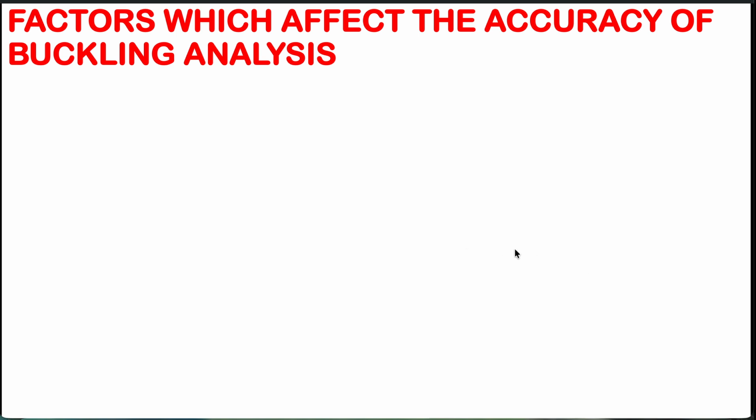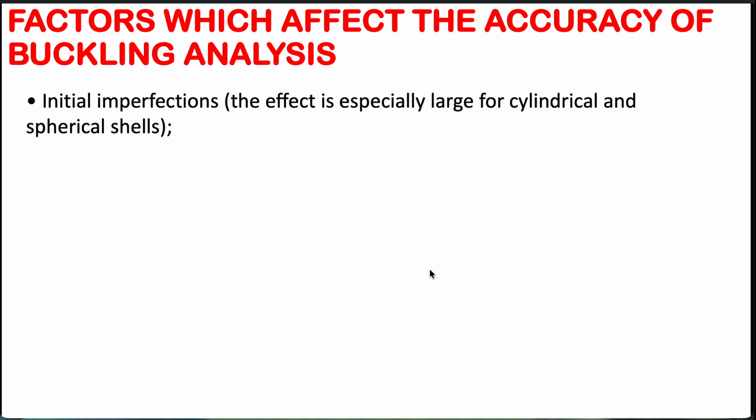Okay, so all of this tells us that the accuracy of the buckling analysis is very important. So we cannot just simplify the whole thing to find a final number, for example, for the critical load of buckling. We need to do a more in-depth analysis. The problems that we might face in this quest of doing a good buckling of plate analysis are the initial imperfections that might be there in our design.